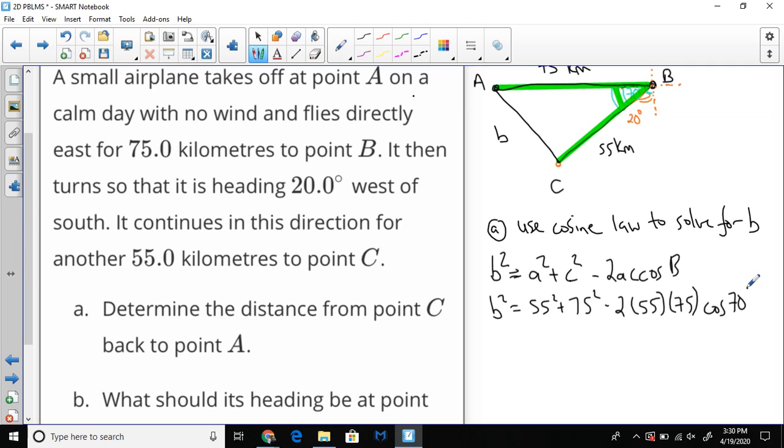I'm still here if you're wondering. I'm just using my iPhone calculator, which I kind of don't like. So when you punch it in, you should get b squared equals 5,828.3. And then I square root that.